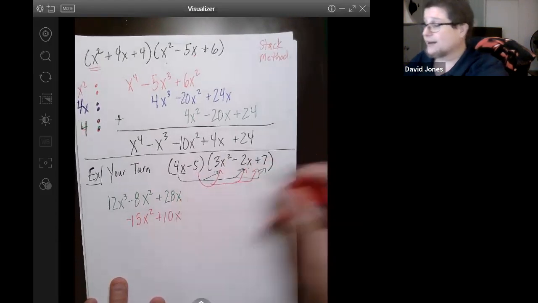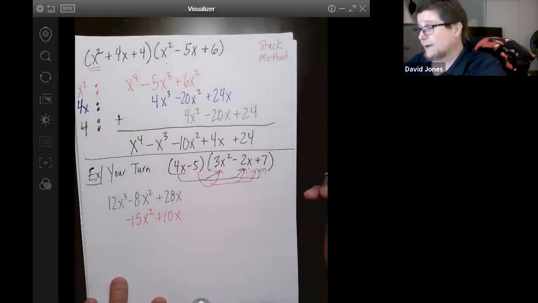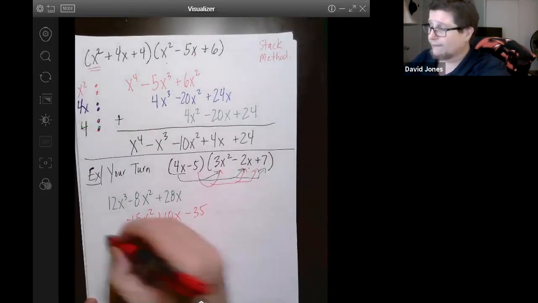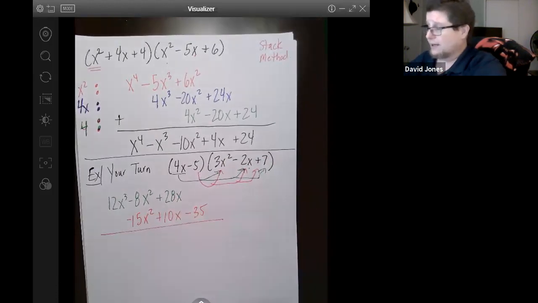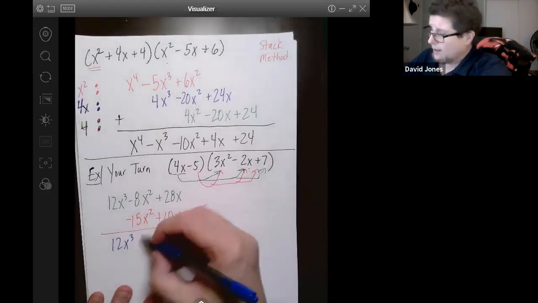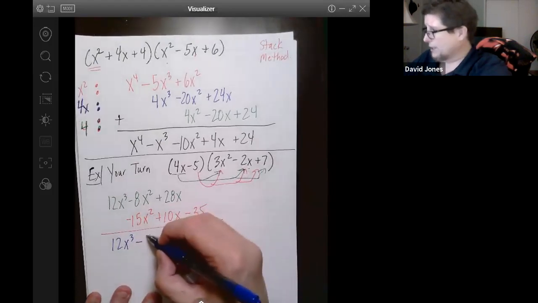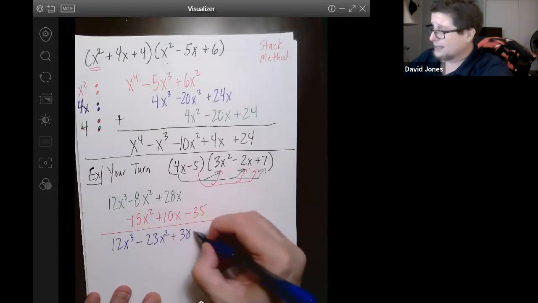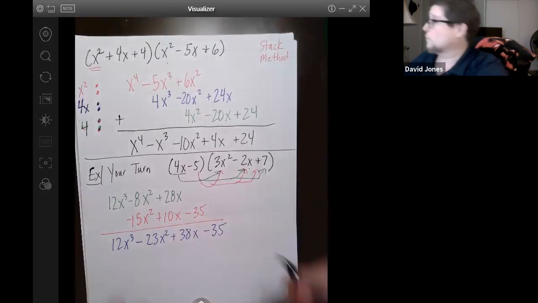Put that under the other x term. Negative 5 times 7 is negative 35. We'll make a new column for that. We add vertically, and we get 12x cubed minus 23x squared plus 38x minus 35.